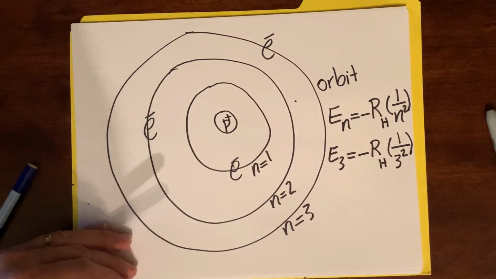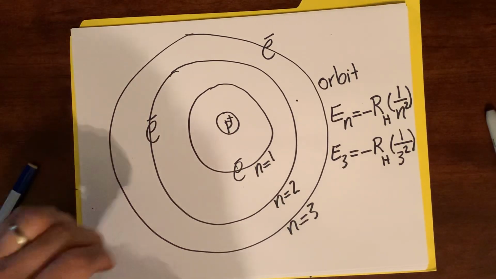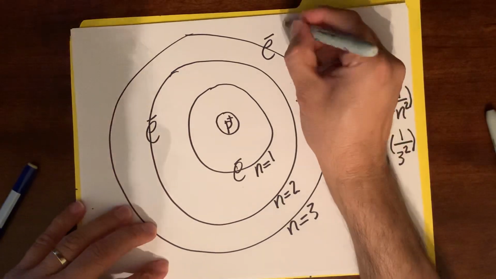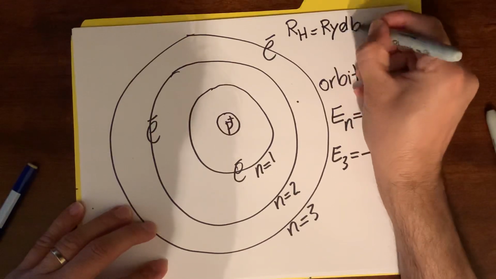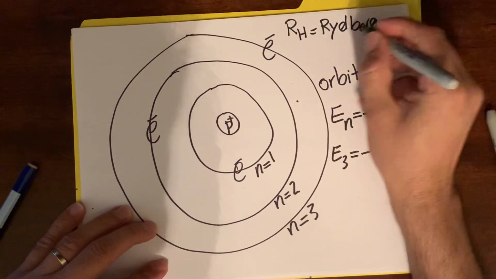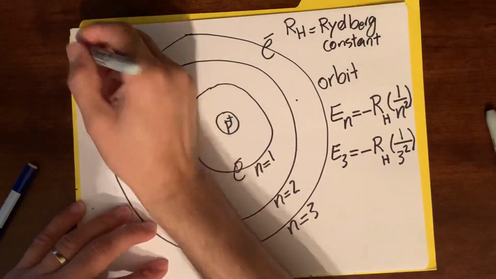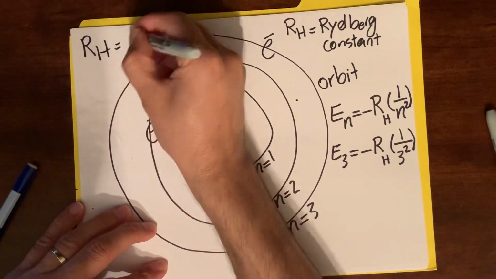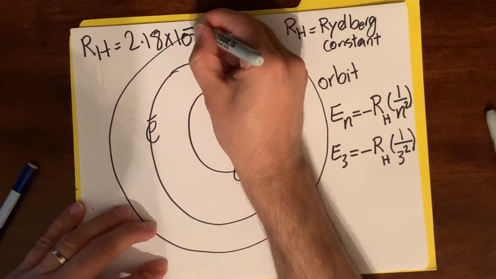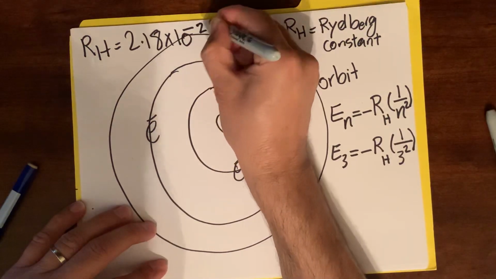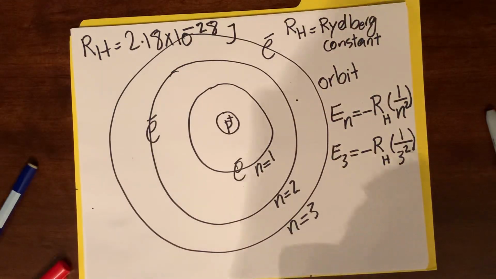And what's the RH? RH is the Rydberg constant. RH is equal to 2.18 multiplied by 10 to the power of minus, I believe, 28 joule.